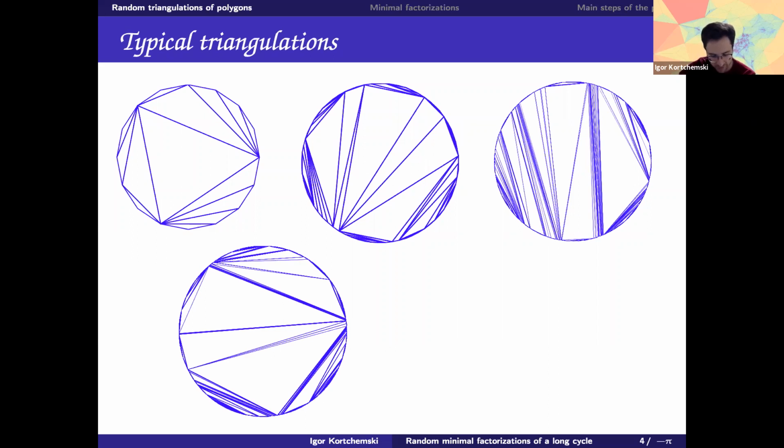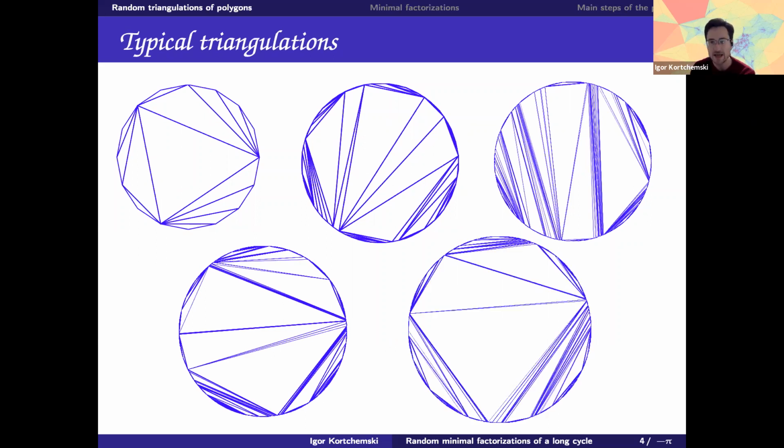These objects are random, and as n increases, you see the circle appearing, which is of course natural as the n roots of unity approach the circle. And it seems that there is some continuous random triangulation appearing. And Aldous proved 26 years ago that this is indeed the case.